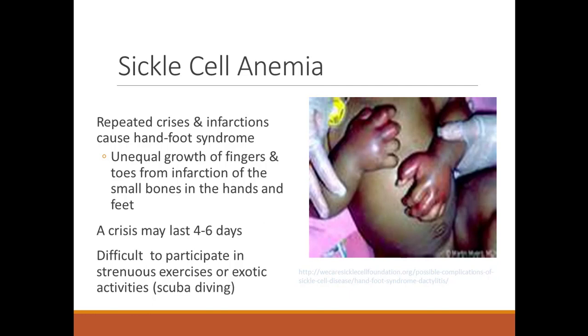So their hands and their fingers and their toes, because all those tiny little bones, those cells are getting caught up in the joints and causing destruction in the bones in the hands and the feet. Generally, the crisis might last like 4 to 6 days, but they're going to need to be hospitalized. They're going to need to be on oxygen.